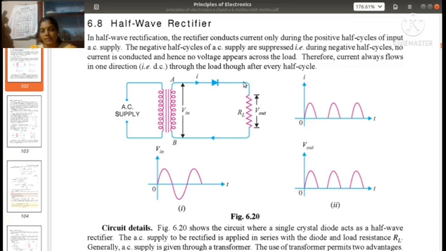This diode is connected to a resistance marked as RL, that is the load resistance, across which we can measure the output voltage. Across this point A and B, we can measure the input voltage, and the current flowing through the circuit is marked as I. So this is the circuit diagram of a half wave rectifier.